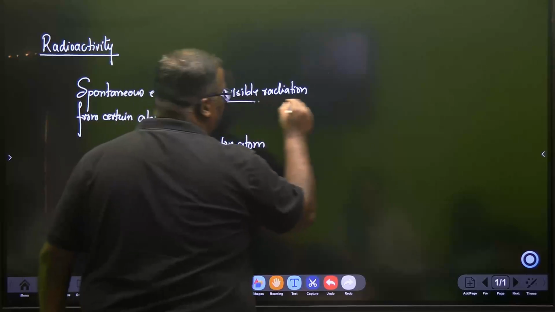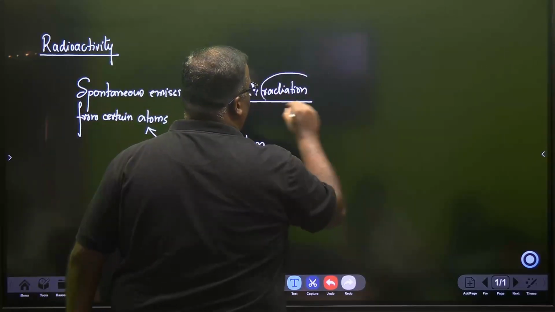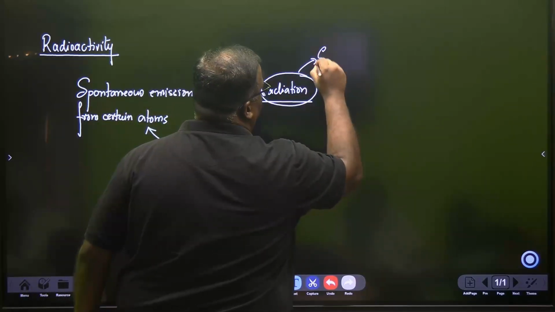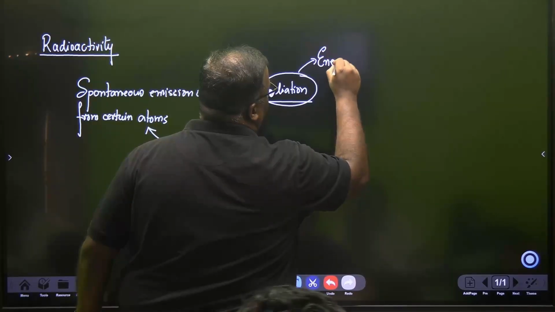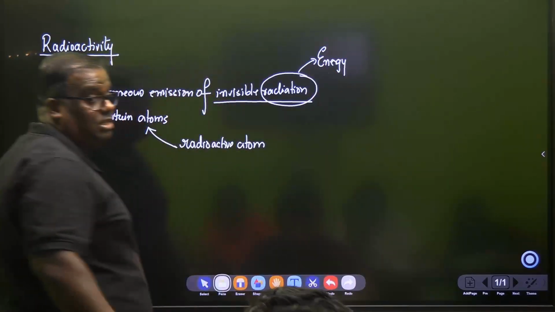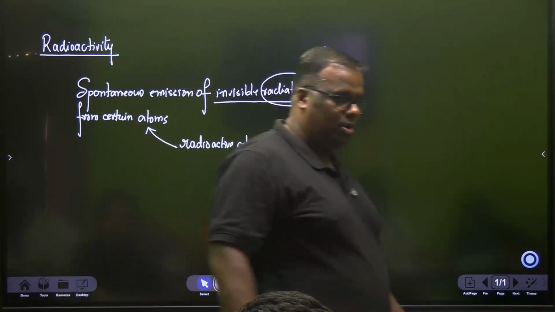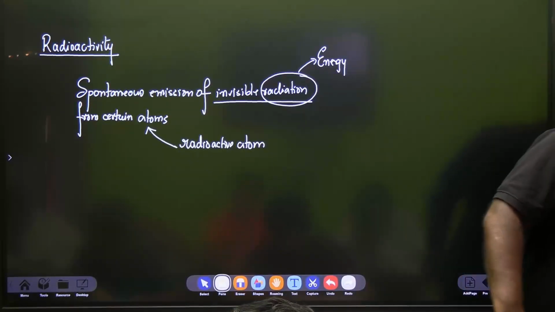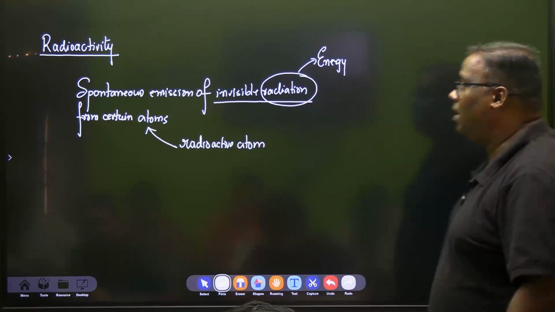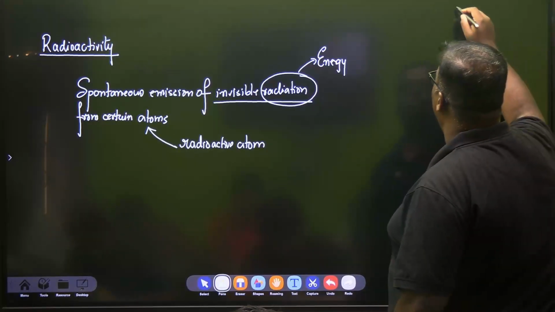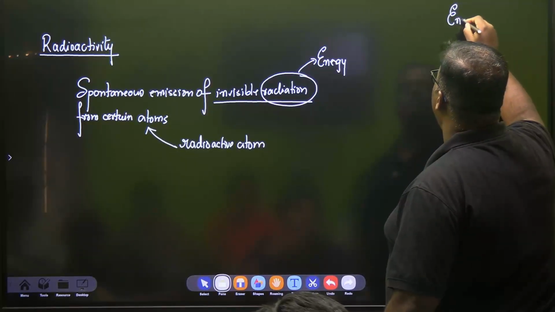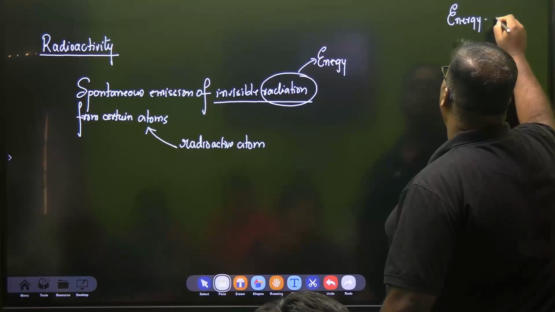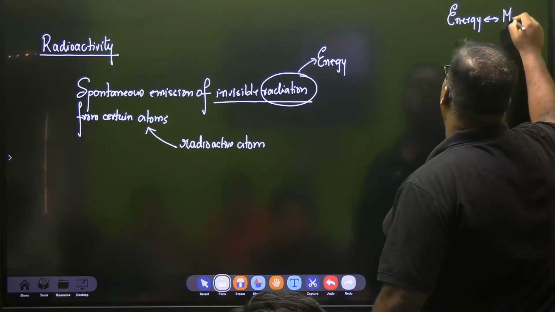Invisible radiation means the word radiation is equivalent to energy. Here all the stories will come out. It's a release of energy. Understood? This energy, if you go by Einstein's concept, energy is correlated to mass.